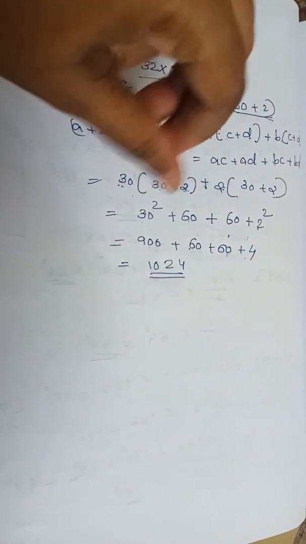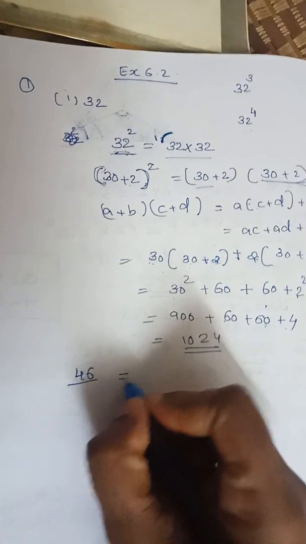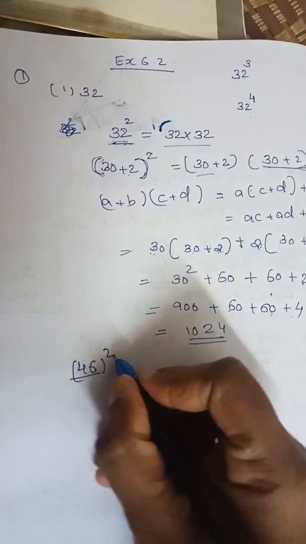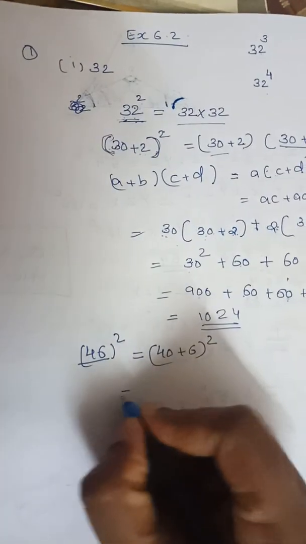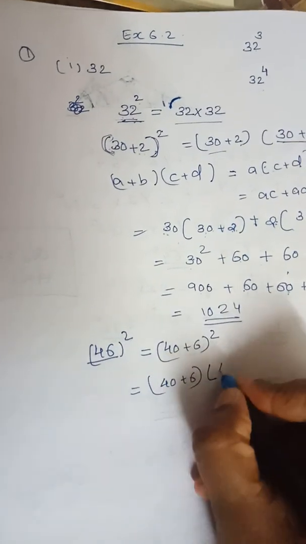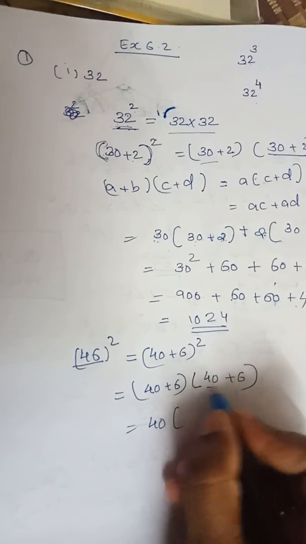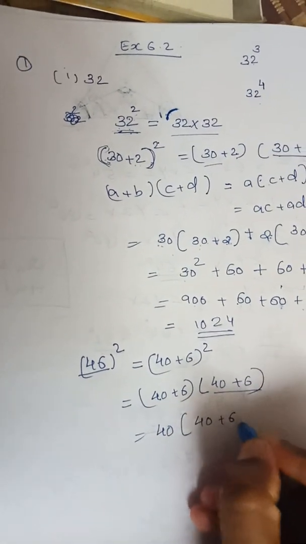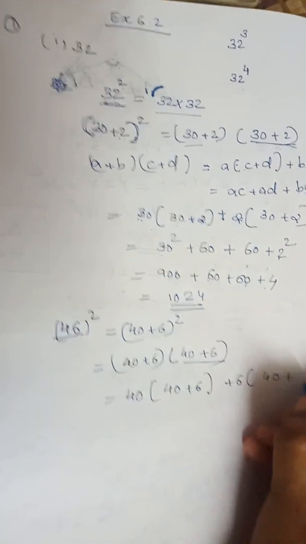In this question you can use the same method for calculating the rest of the numbers. I will show you one more number: 46. You have to calculate 46 square, so we write 40 plus 6 the whole square, which is 40 plus 6 into 40 plus 6. First 40 into 40 plus 6, plus 6 into 40 plus 6.